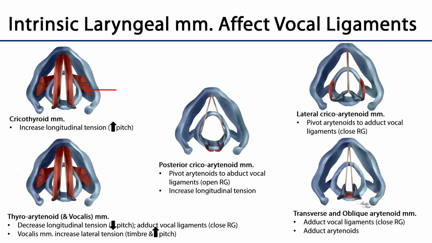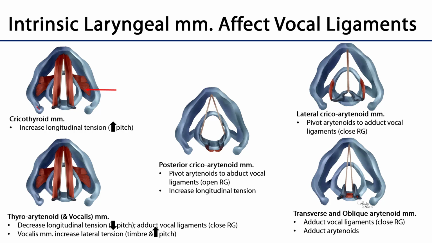So before starting off, I want to show you all these intrinsic laryngeal muscles from a superior view and give you just a 10,000-foot overview of what they're doing, because I think that this is helpful before we get into the weeds of where they are and what they do.